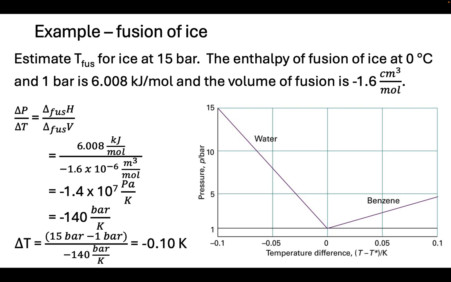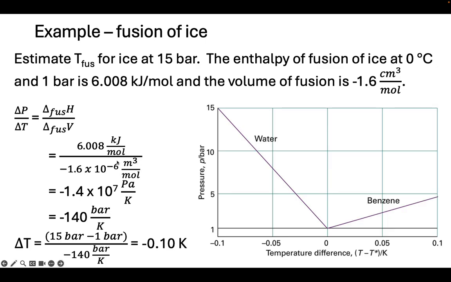All right, so now we start with the Clapeyron equation, delta P over delta T is delta H over T delta V. We plug in the delta H value, 6 kilojoules per mole, and then the delta V, which is negative 1.6 times 10 to the minus 6.